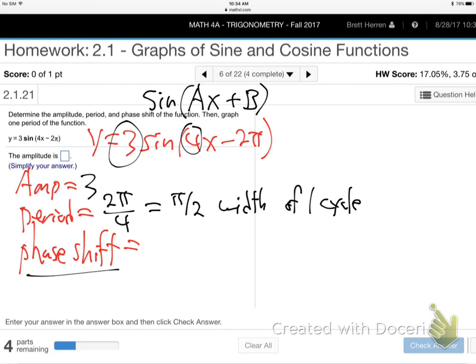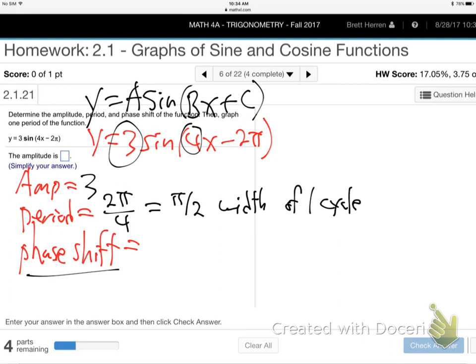Actually, you know what? I'm trying to be like your book, so it might help. Let's call this A in the front. A for amplitude. Call this B and call that C. I'm doing something a little different than your book because I think this will be easier for you. I'm just making up names so I can give you a formula.